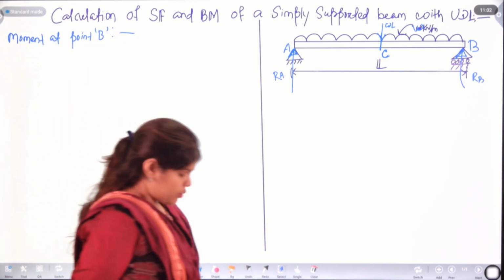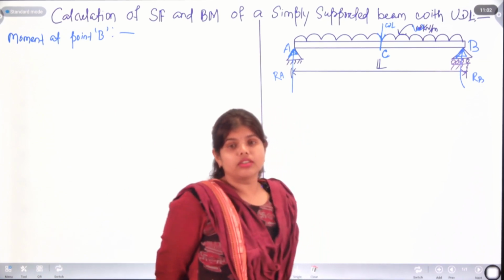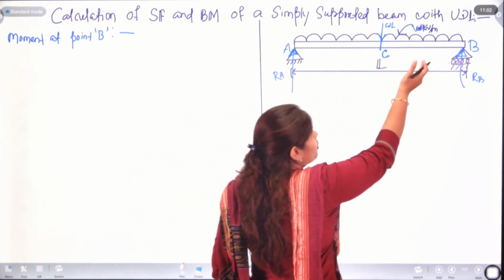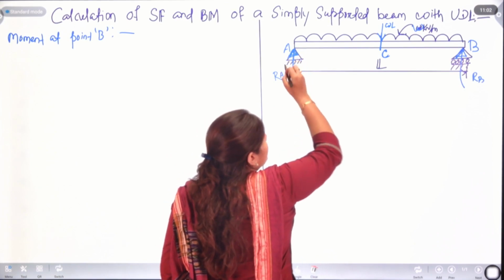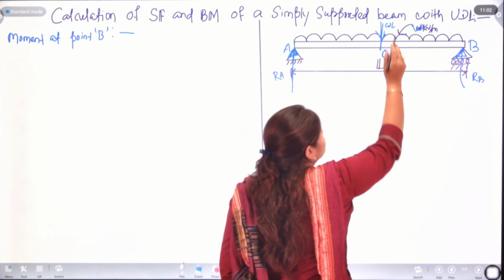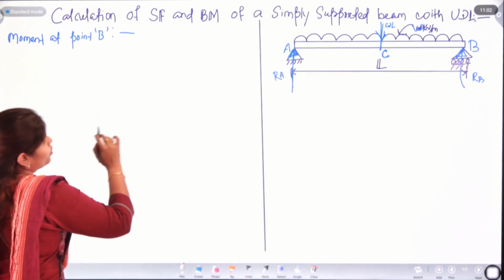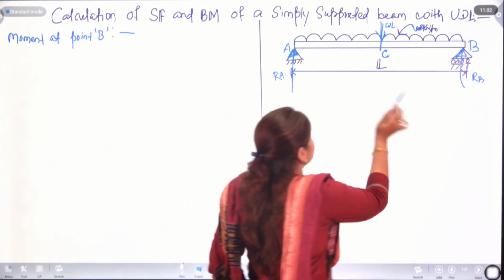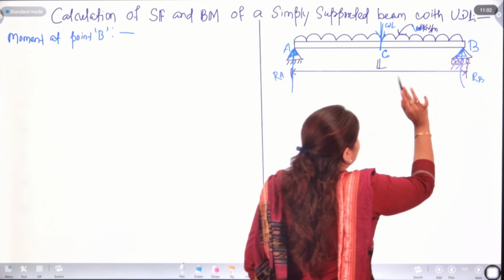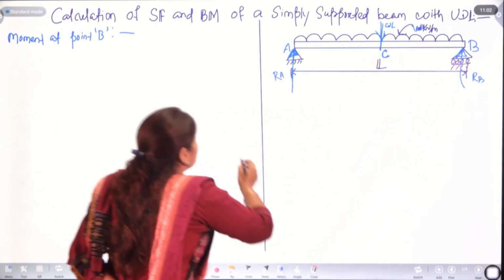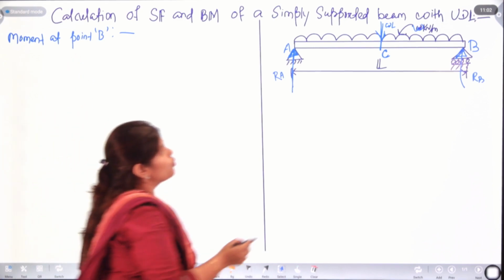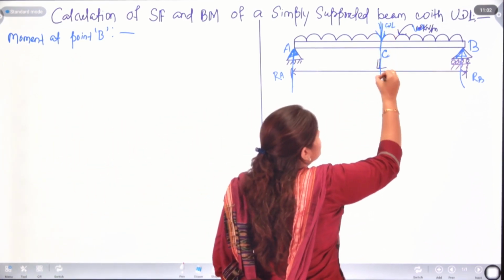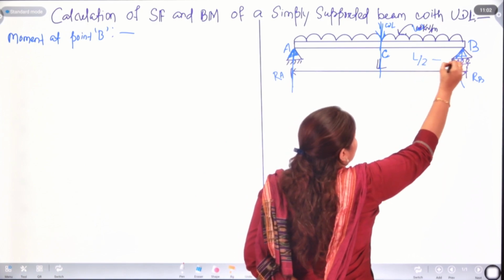To find out moment, we know it is force into perpendicular distance. So we have the force RA here and another force WL here. We just need to calculate at point B, that is RA into L minus WL into L by 2, as we know this point is nothing but L by 2.